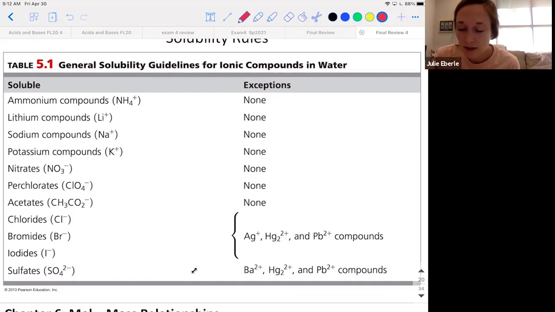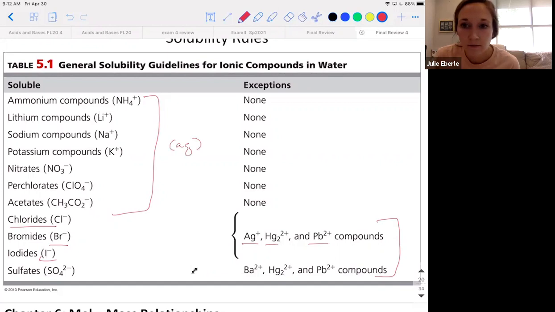It's not a precipitate. There are exceptions though, okay? It could have chloride, bromide, or iodide, and if that's paired with any of these cations, silver, mercury, or lead, then it could be a precipitate. Okay, if it's an exception, it is insoluble. But all these up here, a lot of these cations, acetate, perchlorates, nitrates, anions, if that is the cation or the anion that's present in the compound, it will always be aqueous.